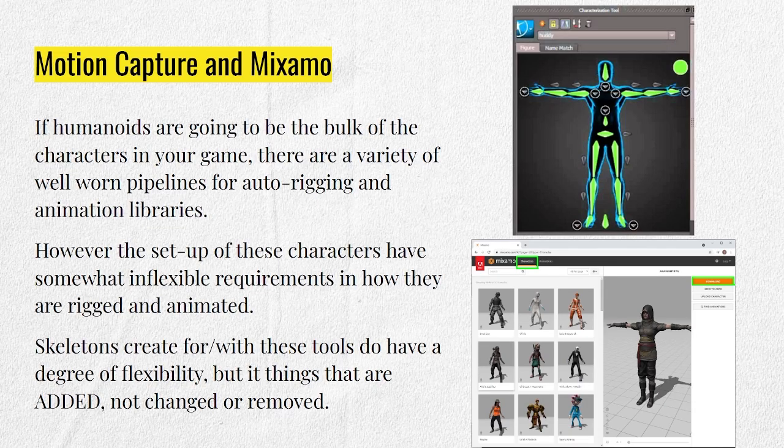A lot of auto rigging, a lot of animation pipelines have well-worn stuff, but they need to have this sort of setup. This is the human IK setup. You need to essentially say, hey, this bone is that bone, because one thing we'll call the hip bone, the upper leg, they'll call it the upper leg.